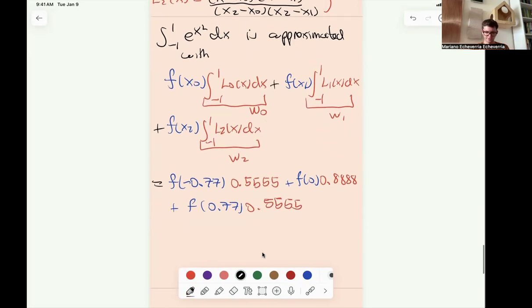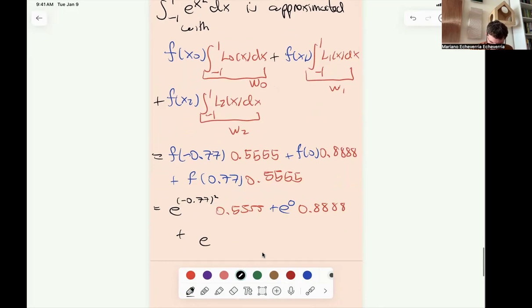And if you just substitute all of these, of course we're approximating already, you get e to the negative 0.77 squared times 0.5555, plus f of 0, which is e to the 0, times 0.8888, plus e to the 0.77 squared times 0.5555.